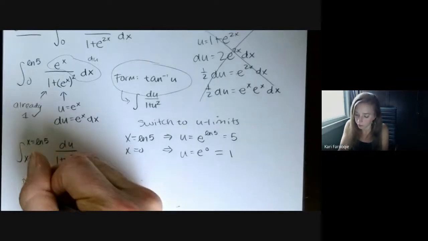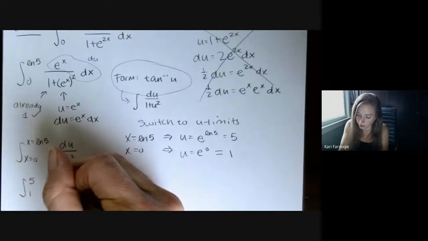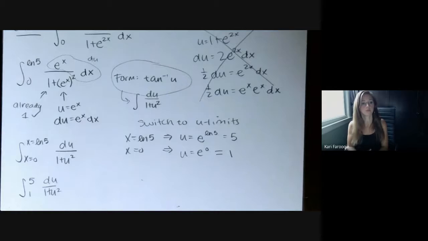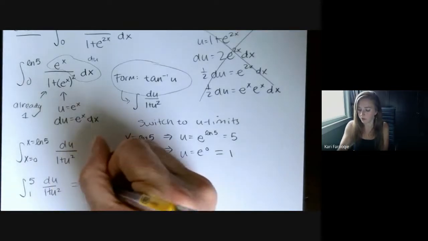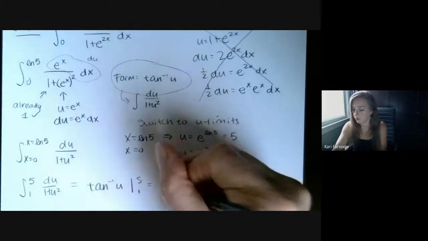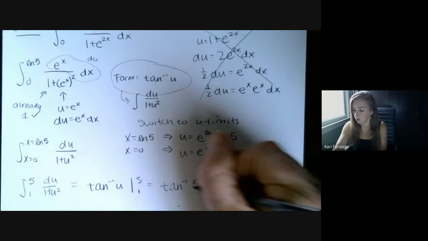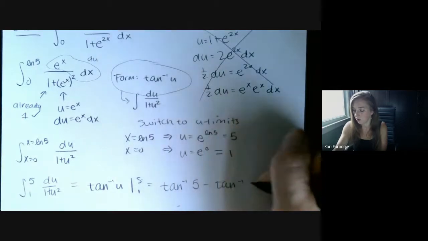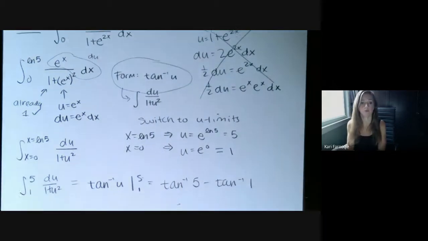So we're going to go from 1 to 5 of du over 1 plus u squared. And this is the inverse tangent of u from 1 to 5, which is the inverse tangent of 5 minus the inverse tangent of 1.